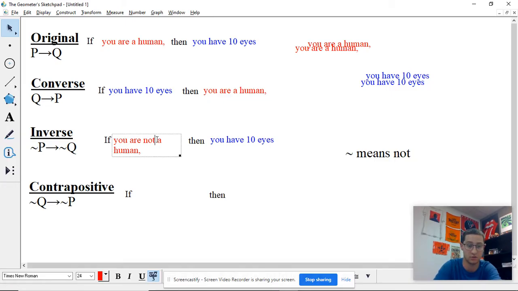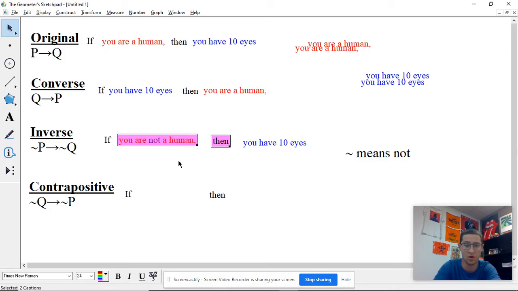Now let's change the color for not just so we can see it. If you are not a human, and let's expand it out. Let's move everything over a bit. If you are not a human, then notice another not, then you do not have 10 eyes.